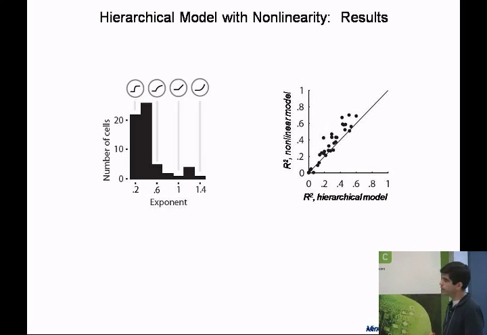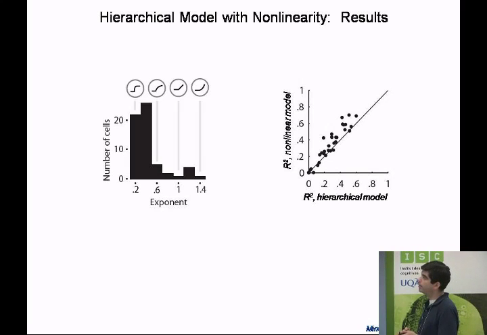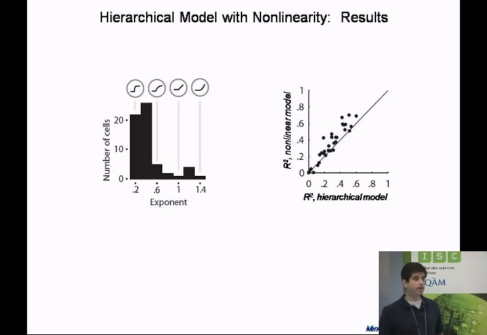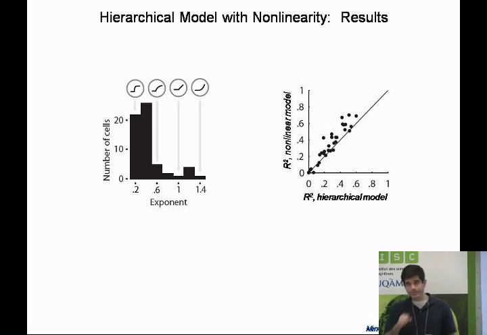The model without any nonlinearity does kind of okay. But in just about every cell, we improve the fit of the data by adding this one parameter. And this isn't a trivial consequence of the parameter itself. Because of the cross-validation thing I mentioned, most parameters that you add don't improve the fit at all.